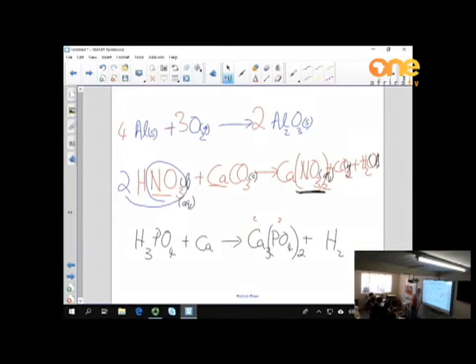All right, state symbols. I'll go AQ, or liquid. Solid, it's a metal. This thing is going to be AQ, and that thing is a gas. All right. Let's balance. How many hydrogens? 3. What's the trick?